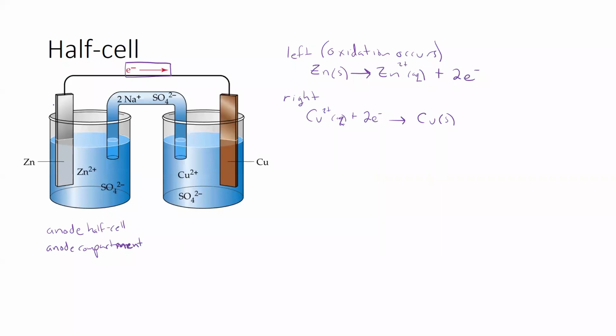Okay, this little piece of metal here with the zinc is called the anode. Okay, and the anode is an example of an electrode. An electrode is really just a piece of metal or conductive other substance, where a chemical reaction is going to take place.